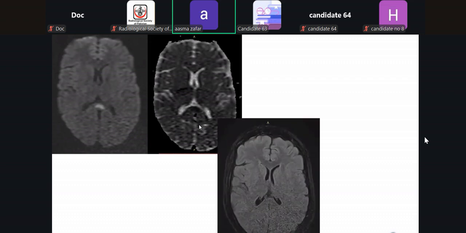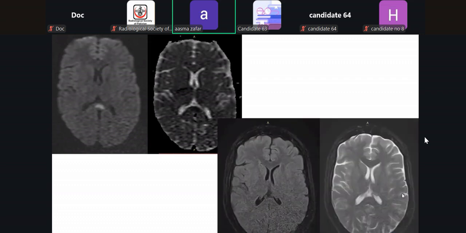It was restricting. Which area was restricting? The midline splenium of the corpus callosum was restricting. Just see this faint hyperintensity on T2. Not much on FLAIR. So this was a cytotoxic corpus callosum lesion.